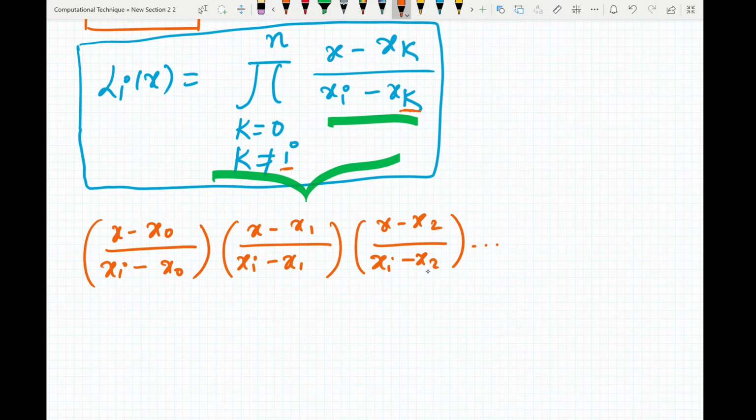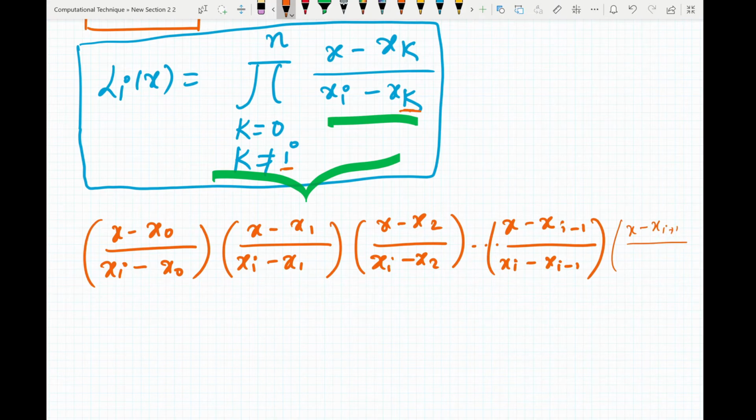So after this, what you'll get is (x minus x(i-1)) divided by (xi minus x(i-1)), and then you won't have your xi value. What you'll get here is (x minus x(i+1)) divided by (xi minus x(i+1)), and then we go to the end, (x minus xn) divided by (xi minus xn). So this will be your expanded form.